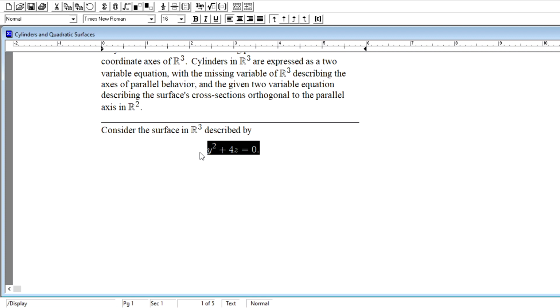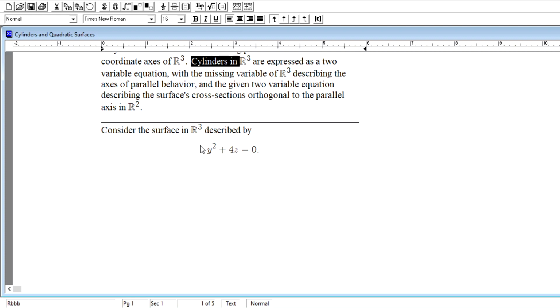Here, we see that we have a two-variable equation that is missing the variable x. x is, in a sense, allowed to be whatever value it wants to be here, and it's not going to have any impact on this relationship that only appears to exist between the values of y and z. If we think about this as a surface in three-dimensional space, this will be a surface known as a cylinder that runs parallel to the x-axis in our system.